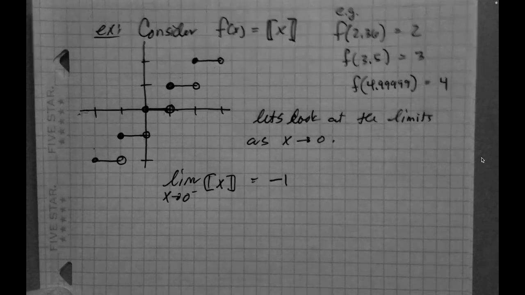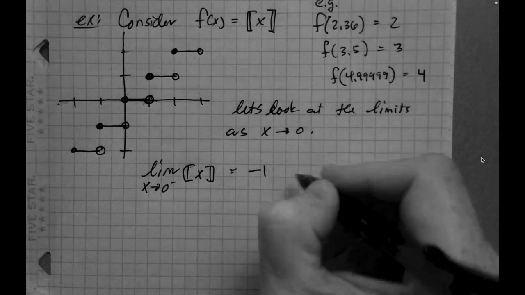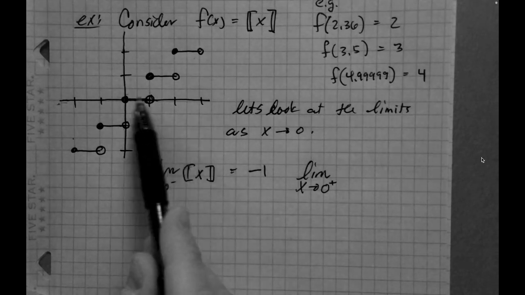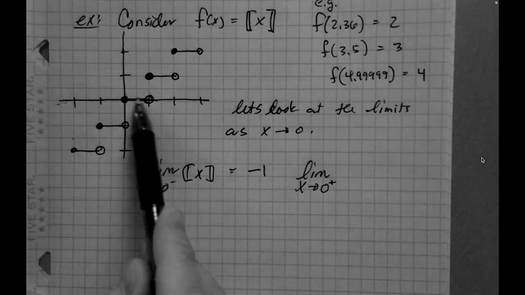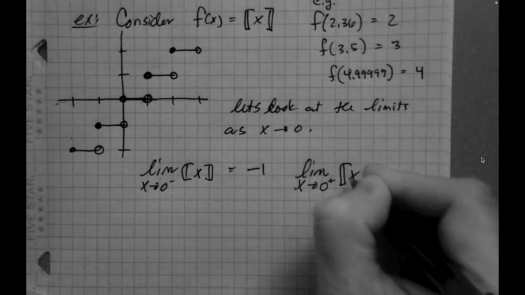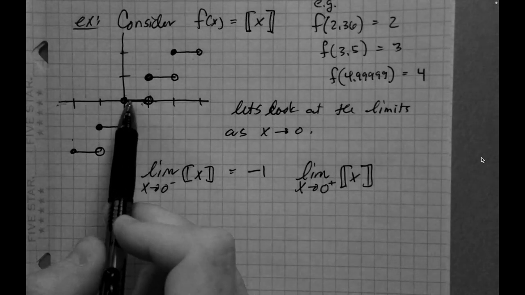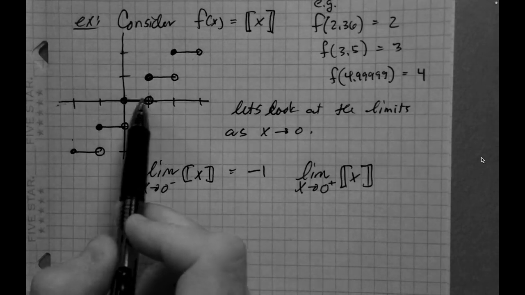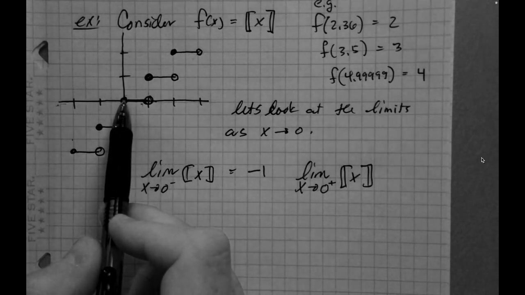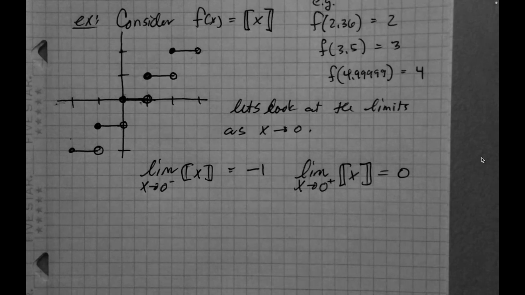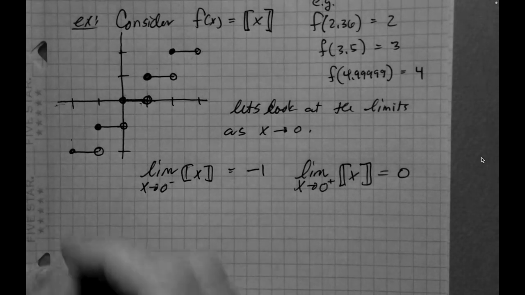Now, what happens as we approach 0 from the other direction, from the positive direction? Now we're on the x-axis moving this way. As we get closer and closer to 0, first we would be up here, then we would jump down here, and then down here. As we got really close to 0, we would stay on this line and get right up next to it. So the value of the right-hand limit is equal to 0. So this function has a discontinuity at basically all the integers, and it's a non-removable discontinuity as well.